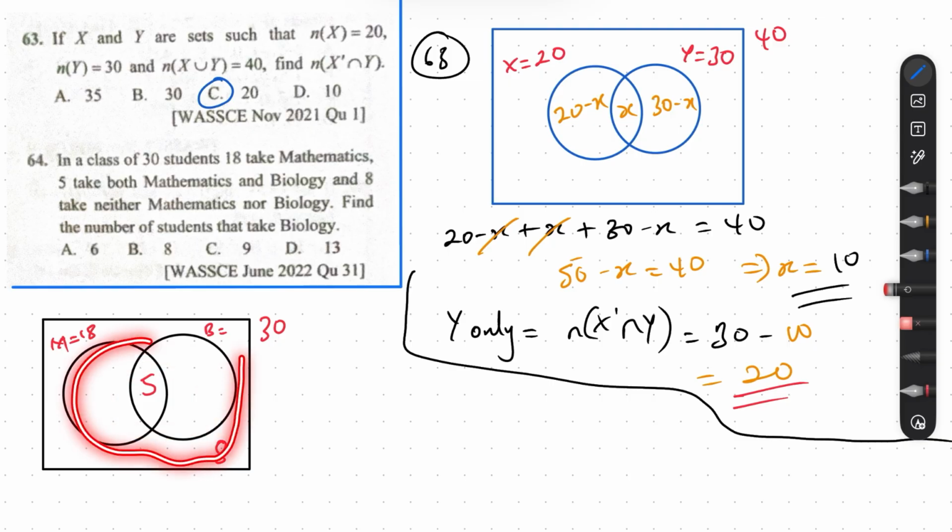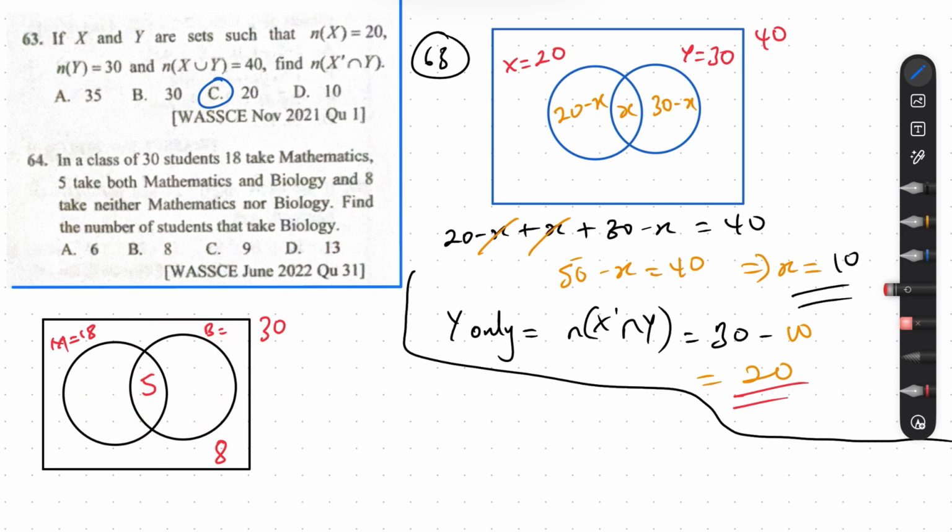Everything in this box should add up to 30. Now the question says find the number of students that take biology. So we are looking for this circle.